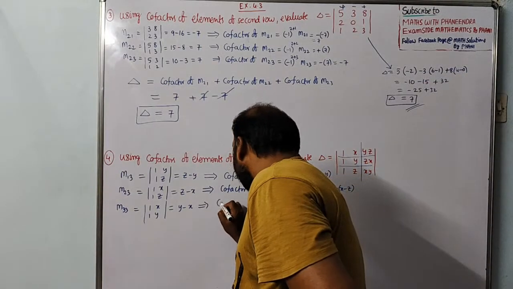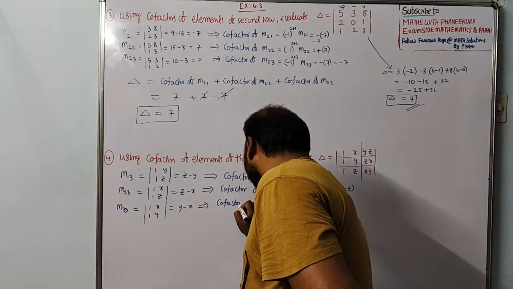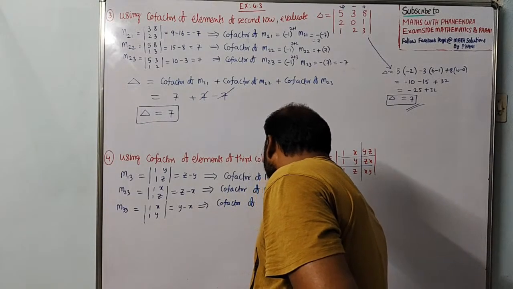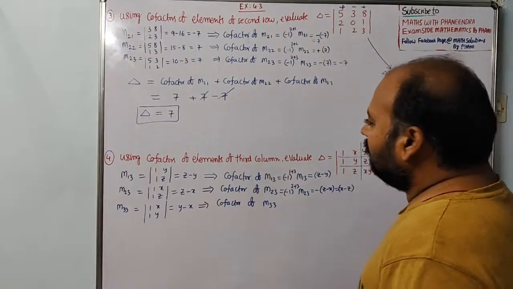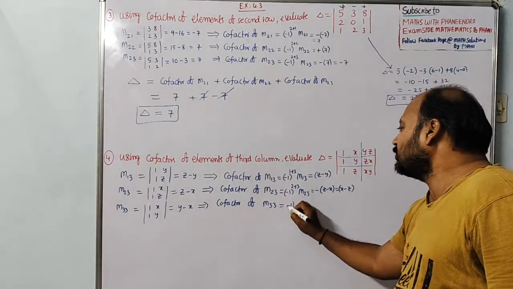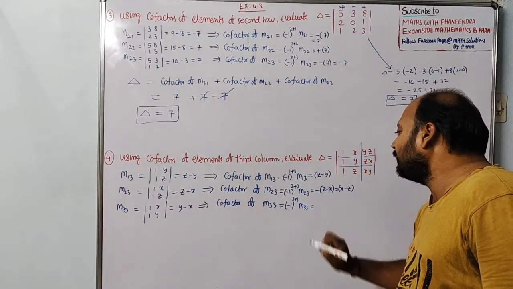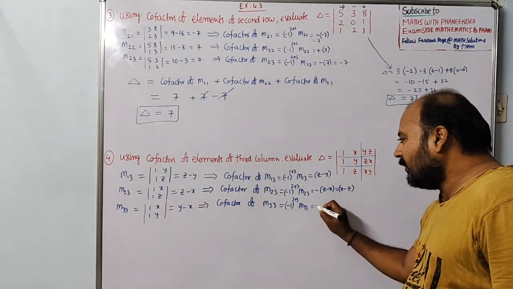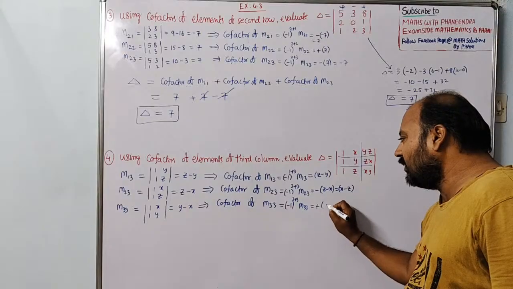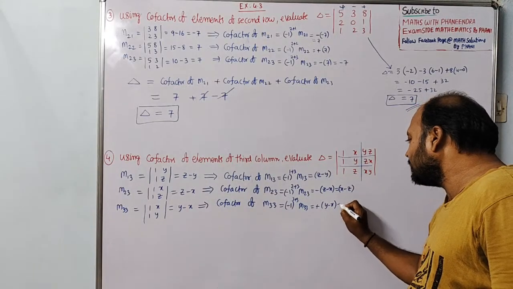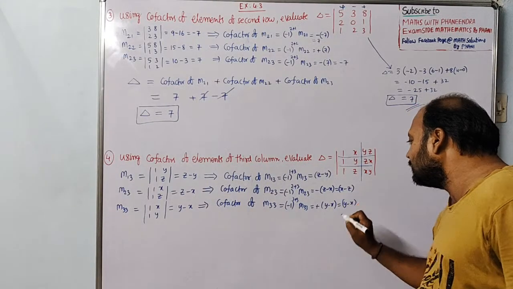Next, the cofactor of M33, which is equal to minus 1 whole power 3 plus 3. So it will be plus only. M33 means y minus x. So y minus x.